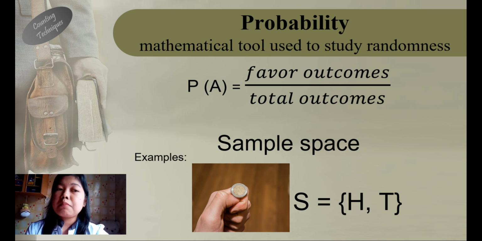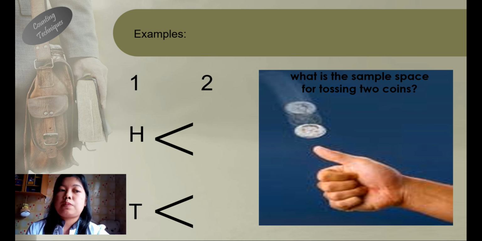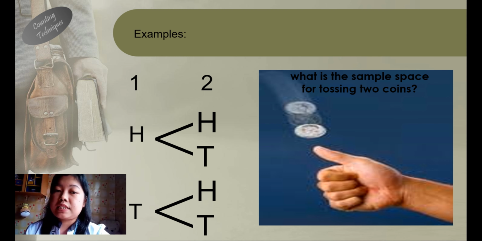Now, let's make it two coins. What are the possible outcomes, or what is the sample space for tossing two coins? We need to use the tree diagram to help us get the answer. When tossing the first coin, we have two possibilities, heads or tails.